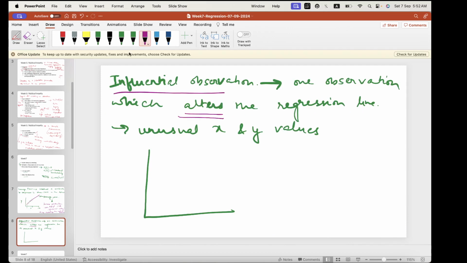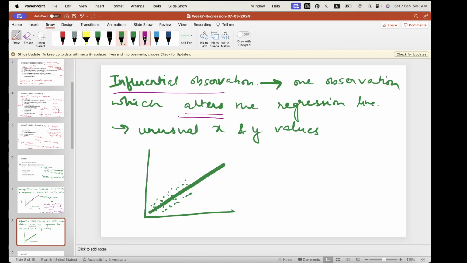Okay, so let's say we had a scatter plot like this, and the regression line in this case would be this.